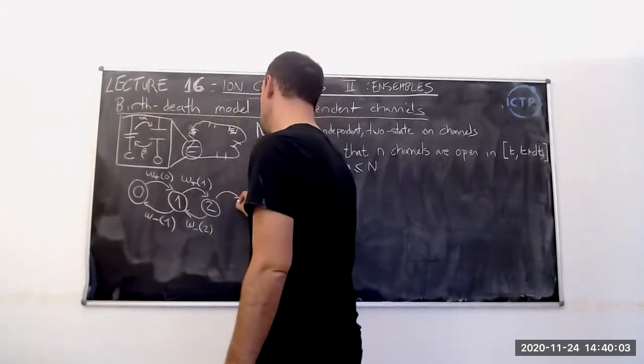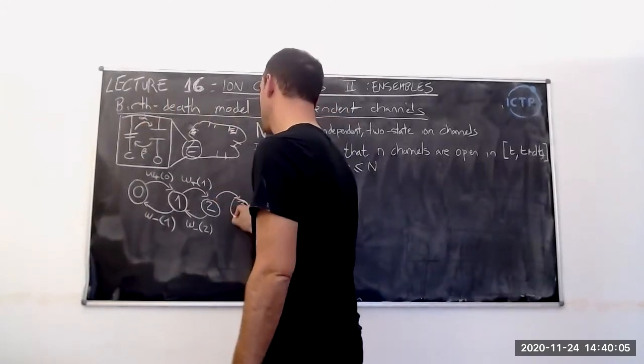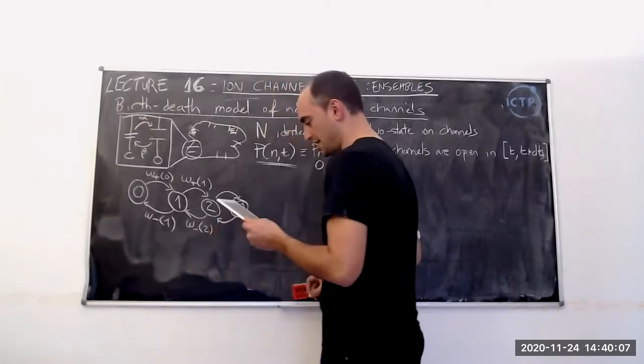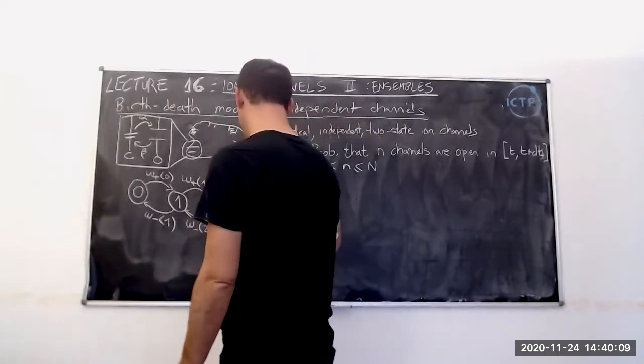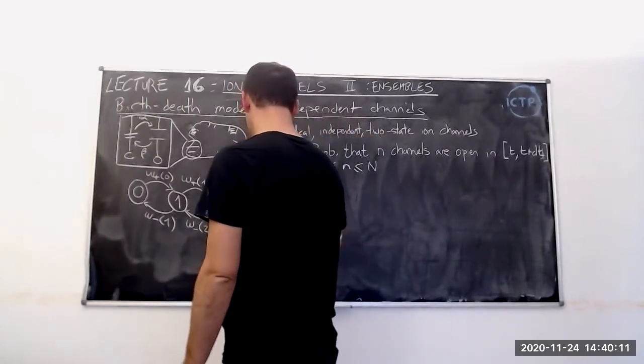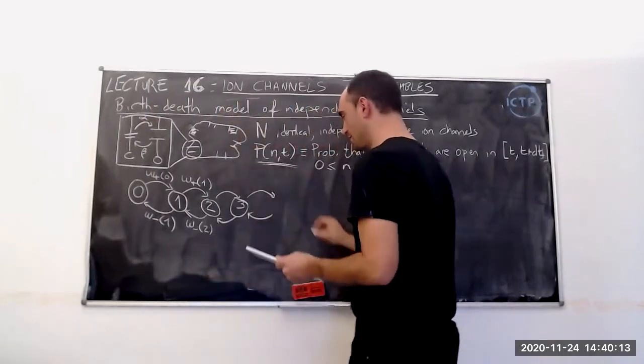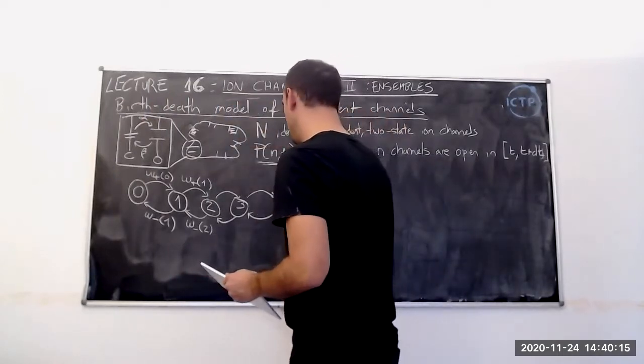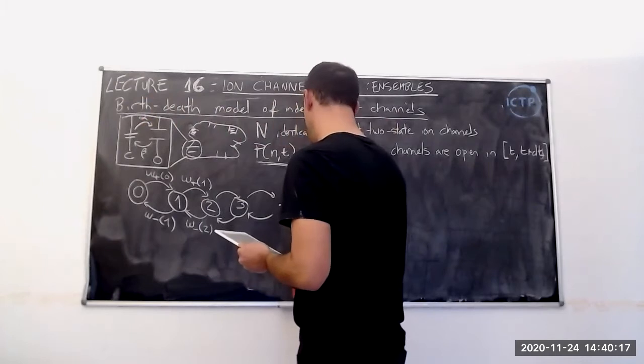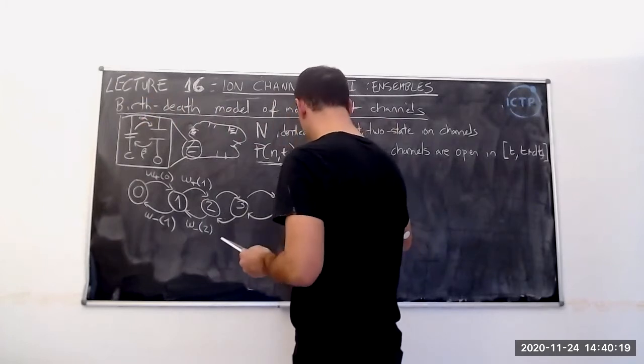So we have 3. And so on. Go to 4. Dot, dot, dot, up to state N. And returns.